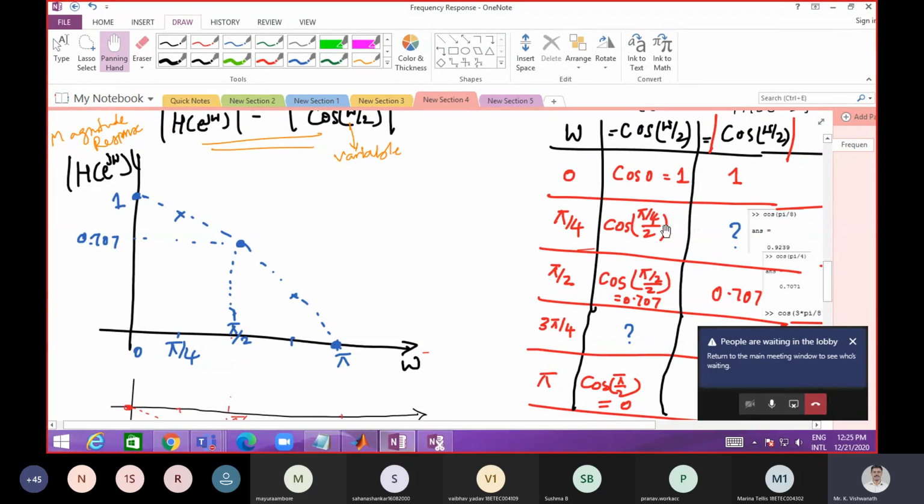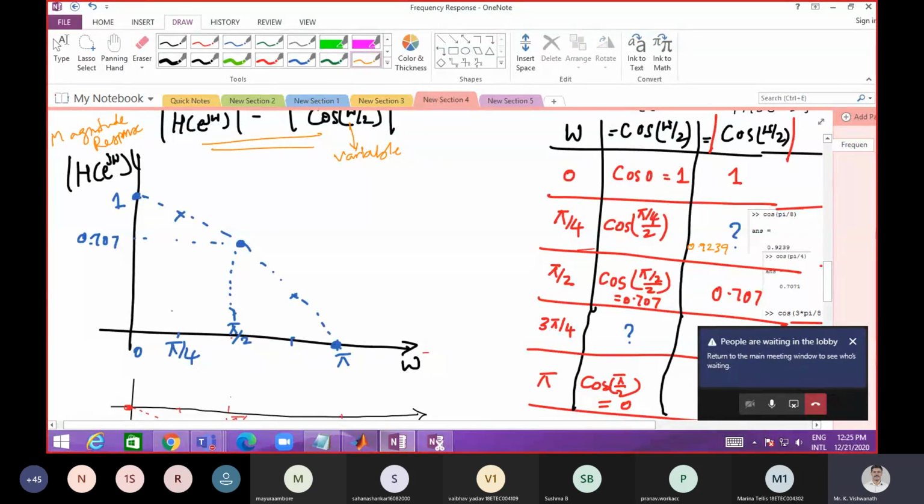So cos pi by 4 by 2 is cos pi by 8. I typed this in MATLAB and I got 0.9239.